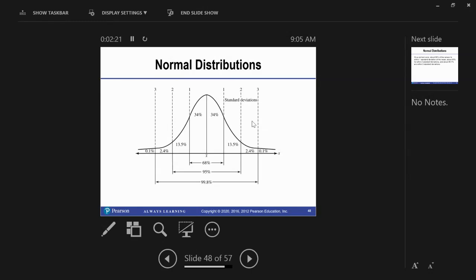Now, here's what the normal curve looks like and how the data is distributed. And when I work through these problems, I like to have that in front of me. So I made a copy for all of you so you can see how it works. And when you answer questions about this, you can refer to that slide or this paper.